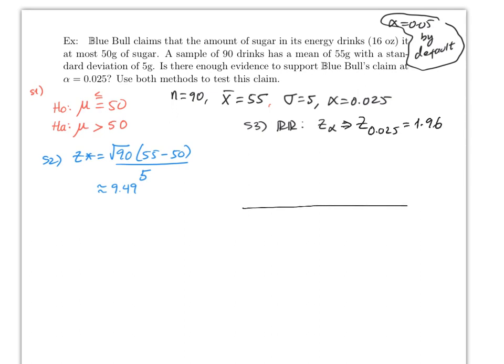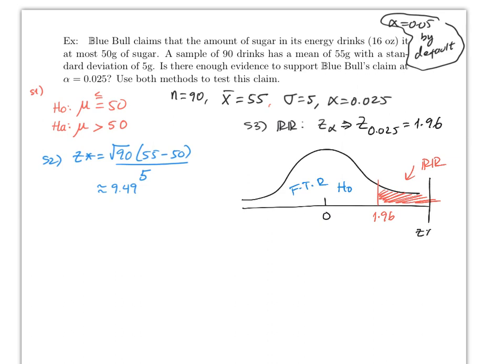All right, so then draw the rejection region. Always put 0 for reference. 1.96 is somewhere here. So this will be the rejection region, and this will be the fail to reject H0. Now the value for Z star is 9.49, which is clearly in the rejection region.